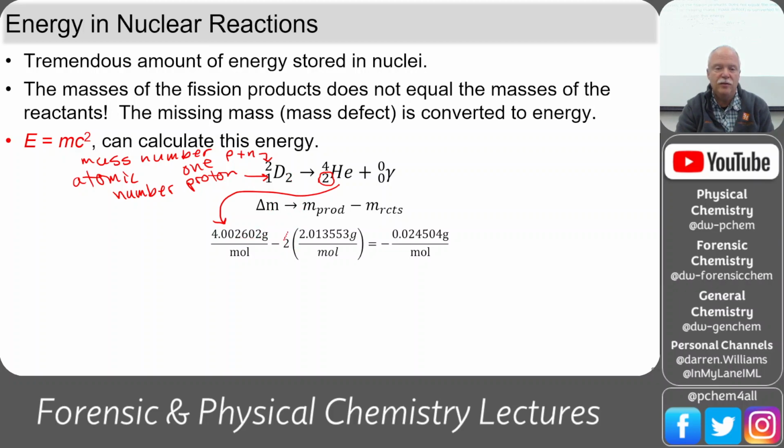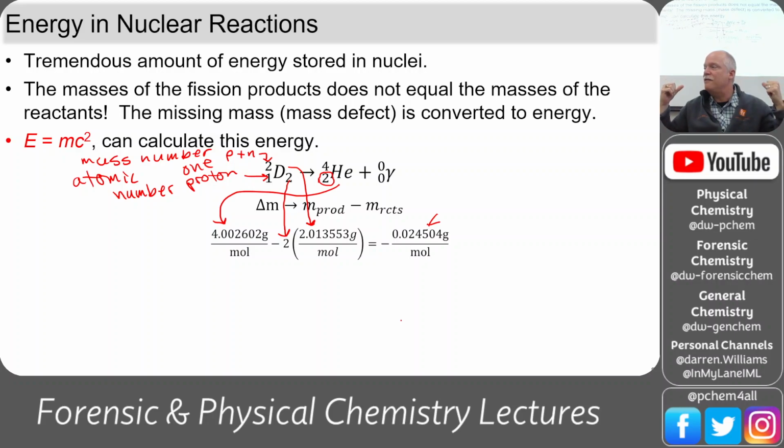And 2 of the deuteriums, here's the 2, and then the mass of the deuterium is right there. So do you see where the 2 came from in front? That's both deuteriums, and that's the mass of a single deuterium, 2.013553. And when we take this difference, we see that it's not 0. If we had perfect conservation of mass, it would be 0. We had masses as reactants, we have masses as products.